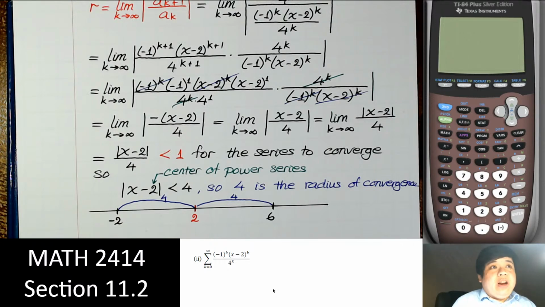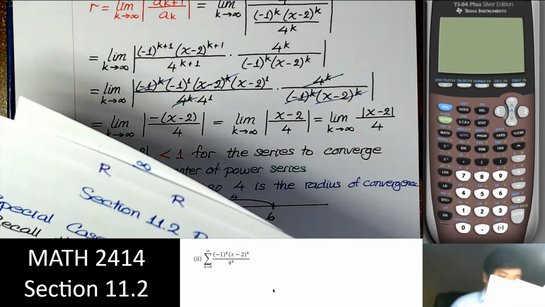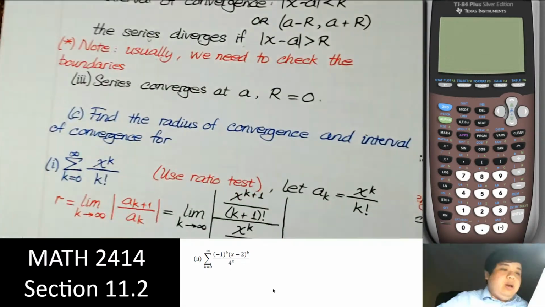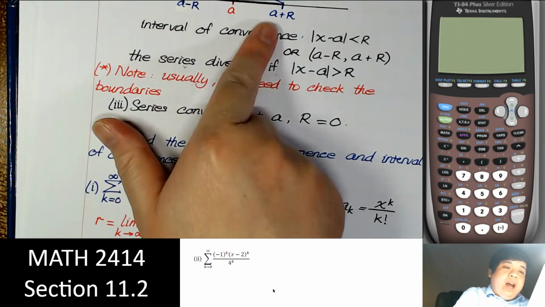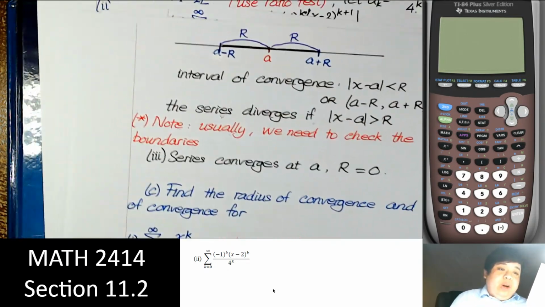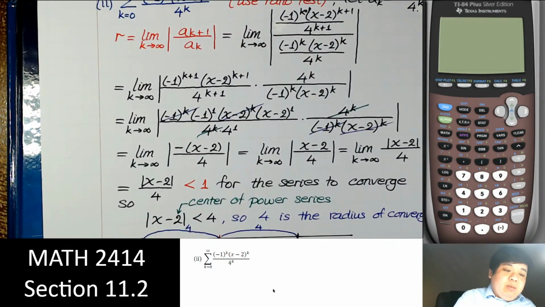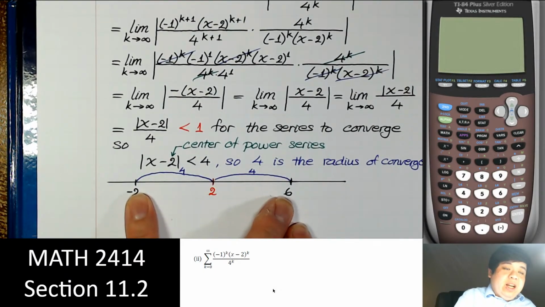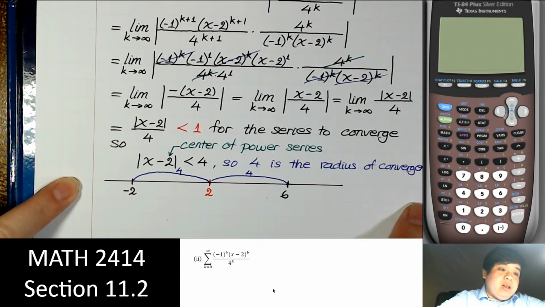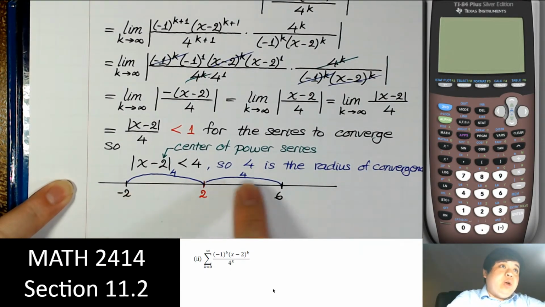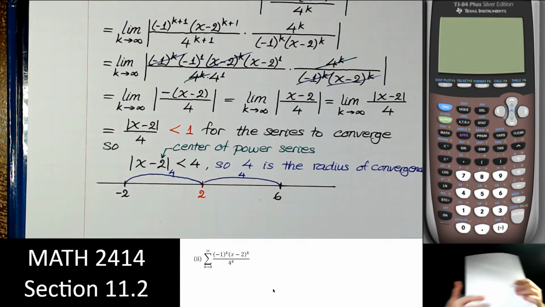Right, now it's not that difficult up to this point. Now we'll go back to the notes. It says that usually we need to check the boundaries. When we have this, we know that inside of negative 2 and 6 it will be convergence. Outside of that it's going to be divergence. But what happens at negative 2 and 6?